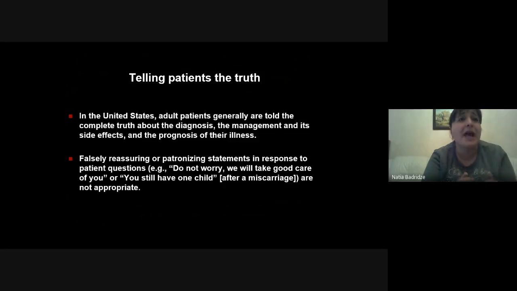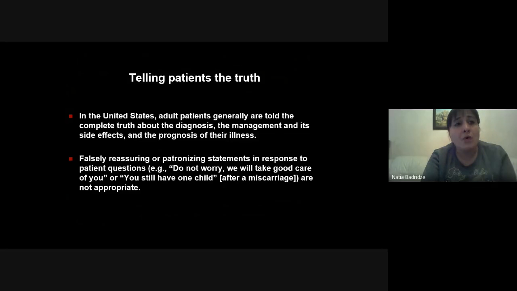Of course, they have the right to know their diagnosis, but some patients prefer not to know. This is a kind of defense mechanism of the person to avoid this very shocking information about the health issue. But in the United States, it's different, you know.